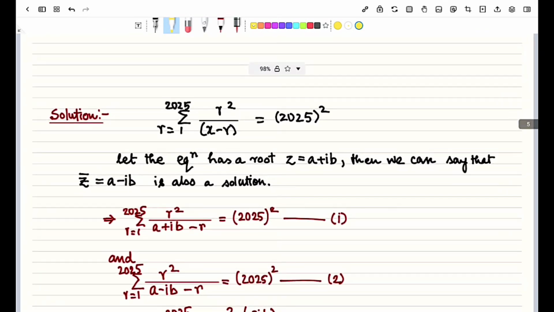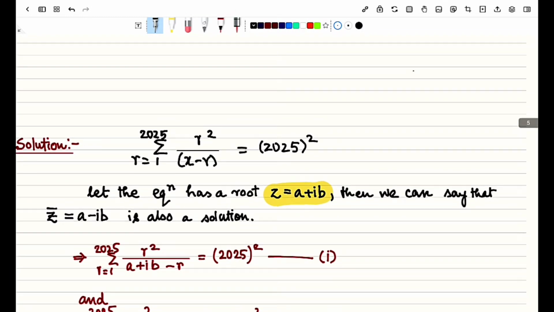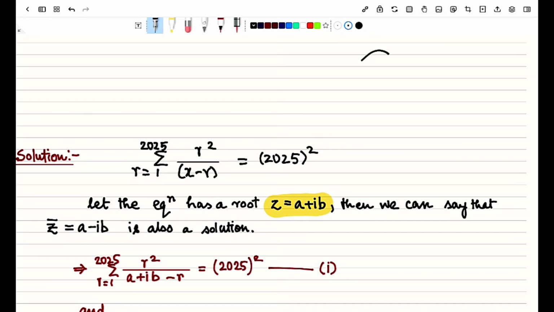For the solution, I assume that the equation has a root z equal to a plus iota b. You must remember the circles of number sets: complex numbers contain real numbers, which contain whole numbers, which contain natural numbers, and so on. So I assumed the bigger set, that is complex numbers.